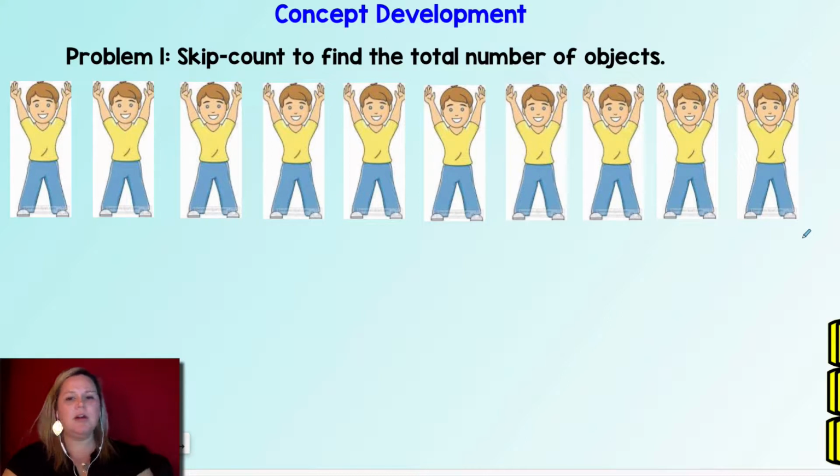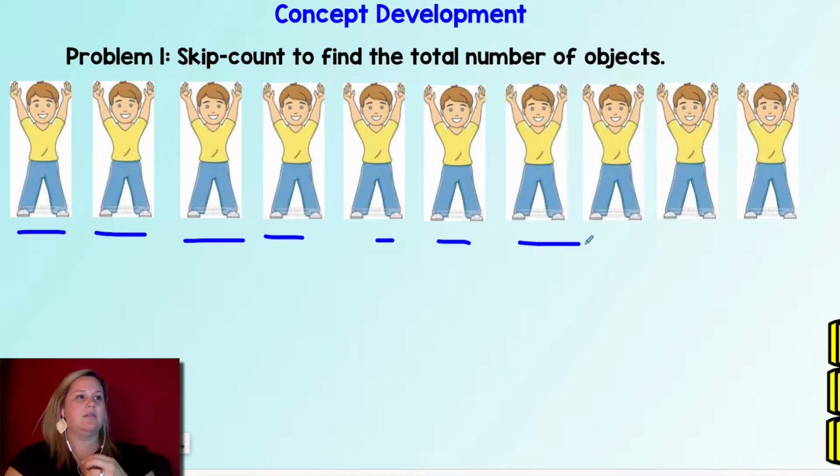If you said 20, you got it. Now let's skip count one more time and see if we end up with the same number. Remember we're skip counting by 2s because each person has 2. There's 2 in each group. So 2, 4, 6, 8, 10, 12, 14, 16, 18, 20. Okay, so we got our 20 again.